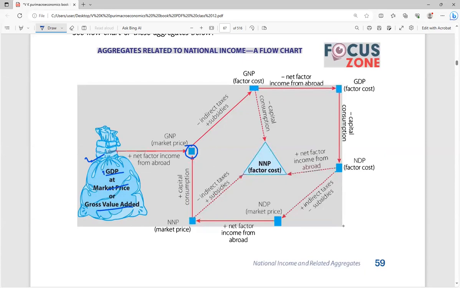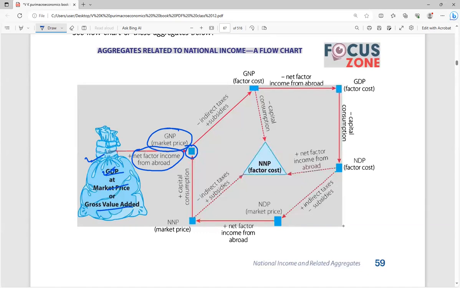With GDPMP, I have added NFIA so that only D changes. Domestic is converted into national. MP, market price, is there. Either G is given or value added is given, both are the same. So now that net factor income from abroad is added, it becomes gross national product at market price.